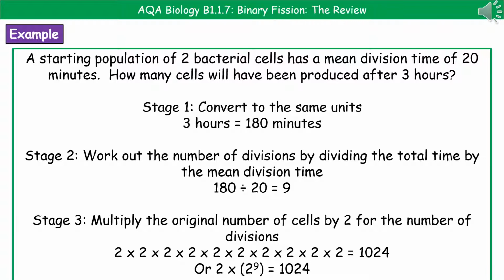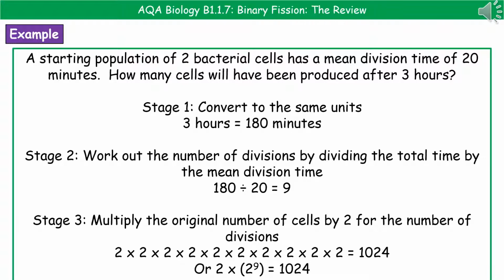Our 3rd and final stage then is that we need to multiply the original number of cells by 2 for the number of divisions we've seen. So you could do this as 2 times 2 times 2 times 2 times 2 times 2 times 2 times 2 times 2 times 2, which gives you 1024, which you can just sit and do on your calculator. Or you could do 2 times 2 to the power 9.